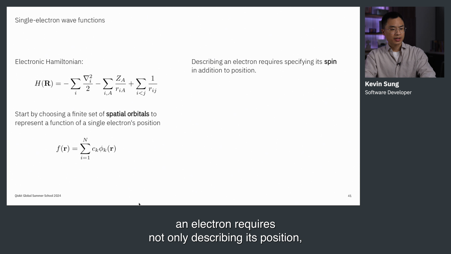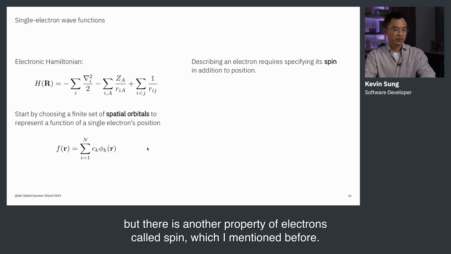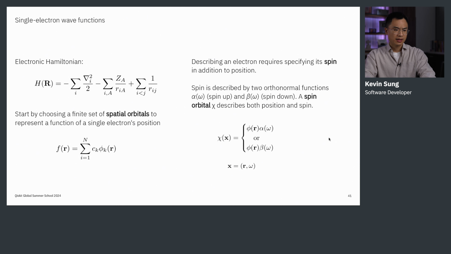Describing an electron requires not only describing its position, but there's another property of electrons called spin, which I mentioned before. The spin is going to be described by two orthonormal functions, alpha and beta, representing spin up and spin down.